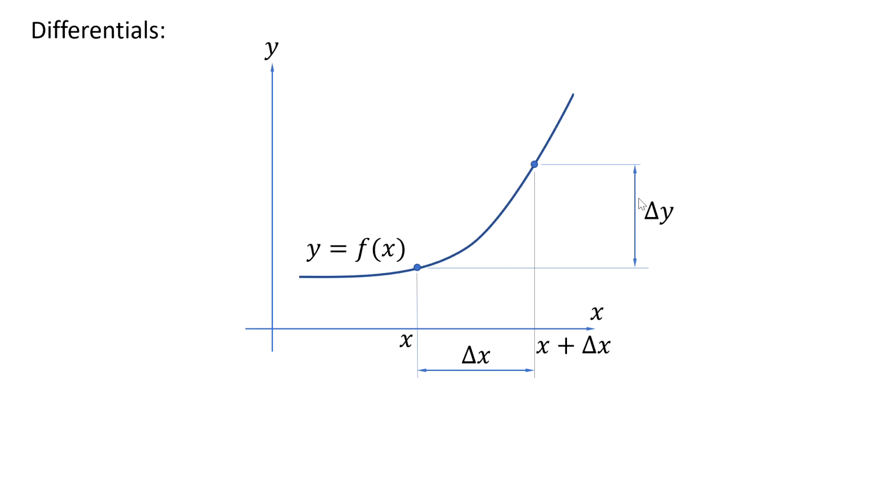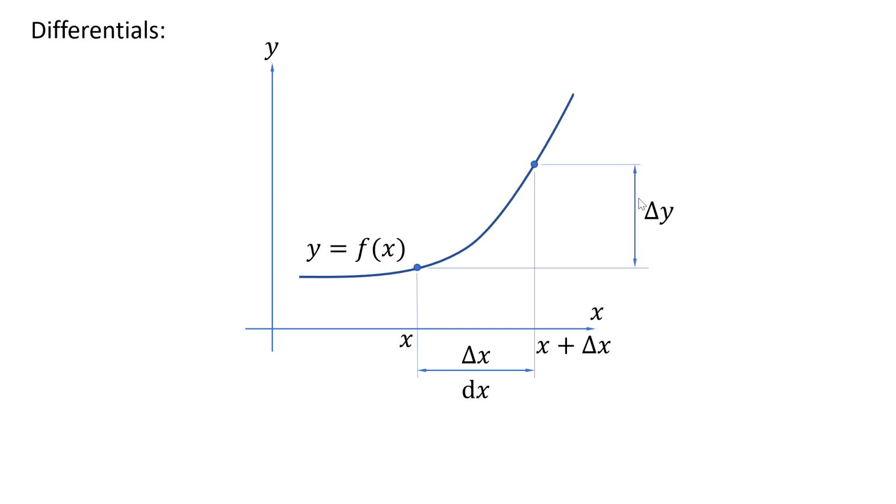But I thought we were going to talk about differentials dx and dy. What's that got to do with all of this? Check this out. dx and delta x are exactly the same. There is no difference. Oh, okay, so that means dy and delta y are the same.